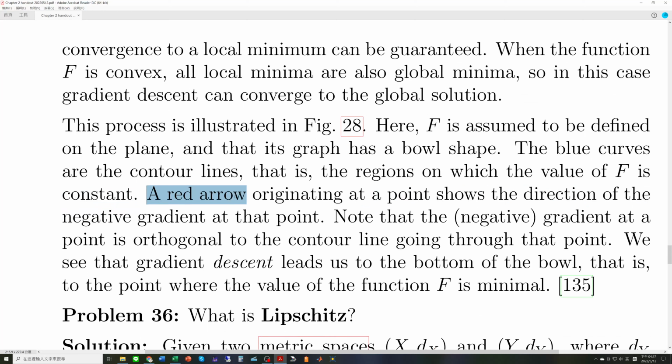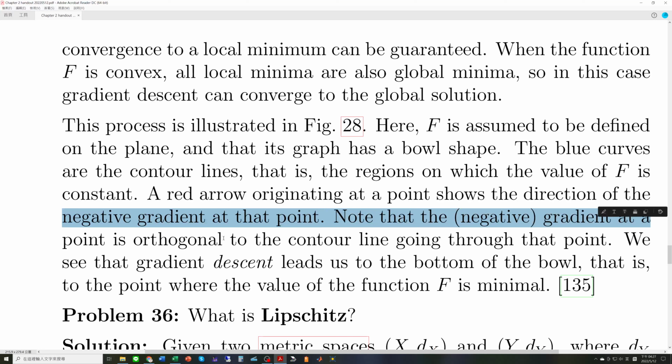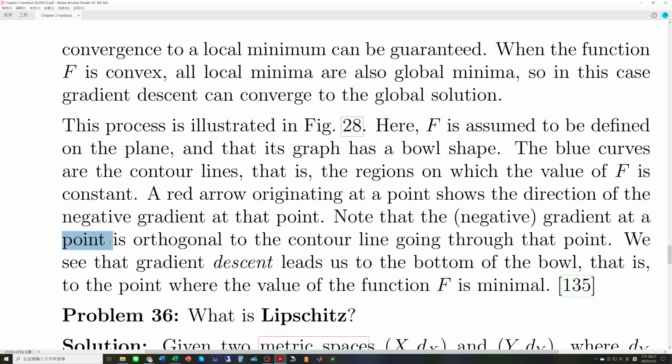A red arrow originating at a point shows the direction of the negative gradient at that point. Note that the negative gradient at a point is orthogonal to the contour line going through that point.